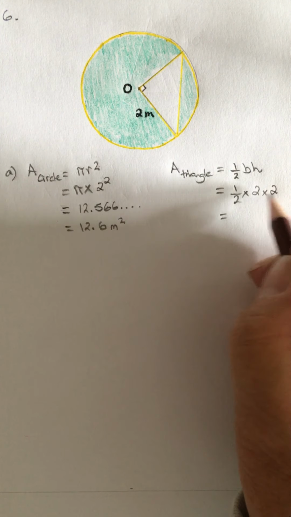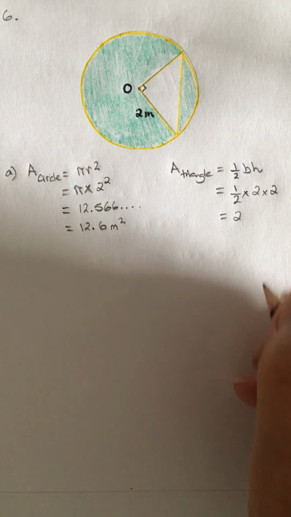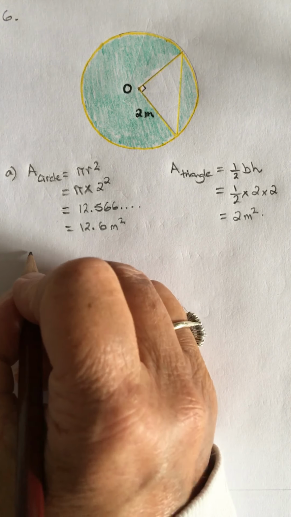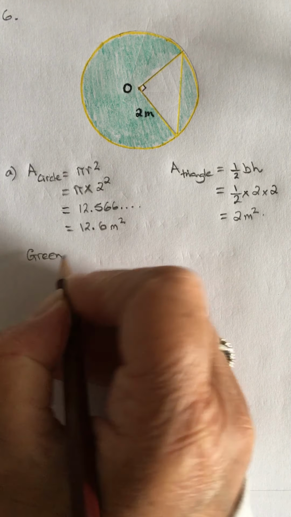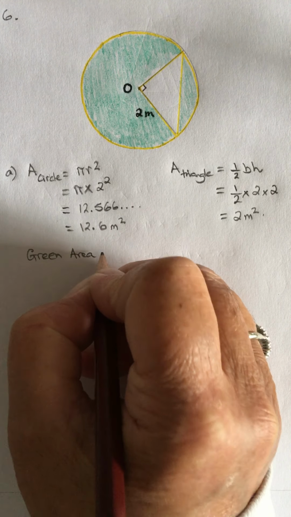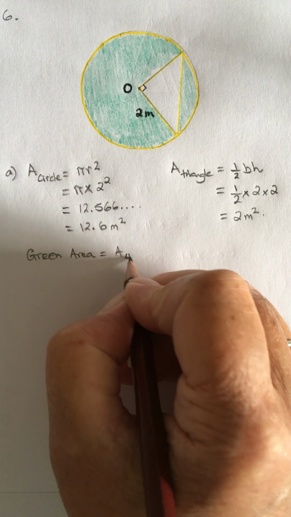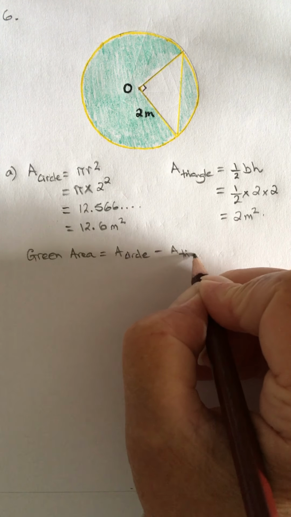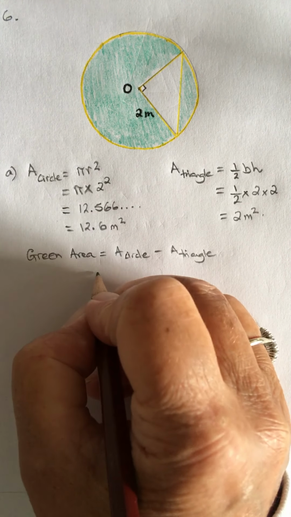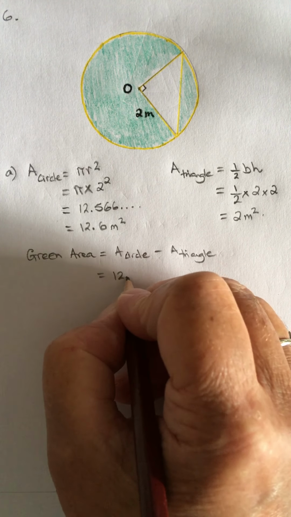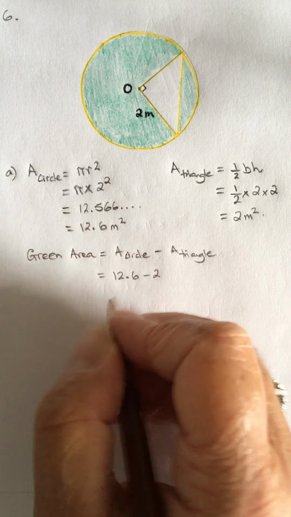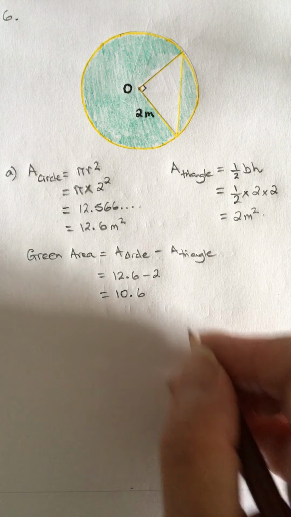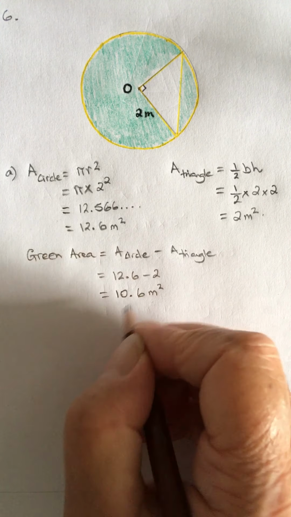If you work that out, the answer is 2, and that's square metres. Right, so the green area is going to equal the area of the circle, subtract the area of the triangle. So that will be 12.6 subtract 2. So the shaded green area is 10.6 square metres.